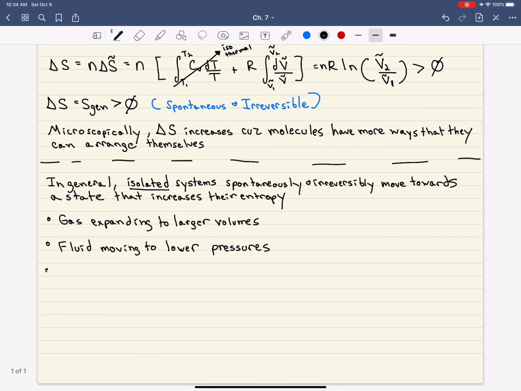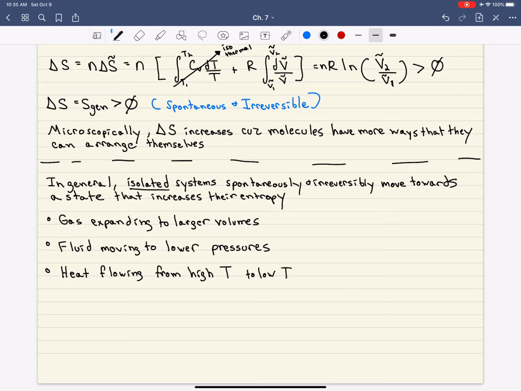Also, in your transport class, you're probably talking a lot about heat transfer now, right? So heat transfer through walls, where one side of the wall is hot and one side of the wall is cold. And you see that heat will flow only from the hot side to the cold side, so from high T to low T, right?